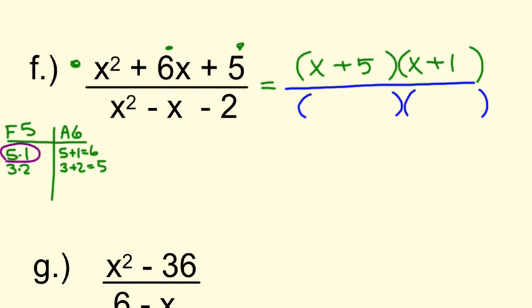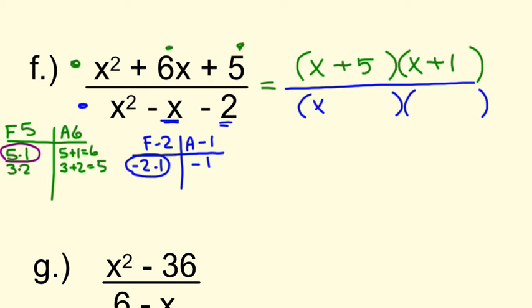All right, let's go down to the denominator now. We're going to factor this polynomial. And it's a trinomial. We want to say, what are the factors of negative 2 that add to negative 1? Well, negative 2 times positive 1 adds to negative 1. So those are the numbers we're going to work with.